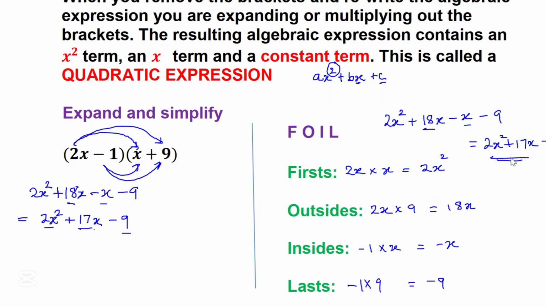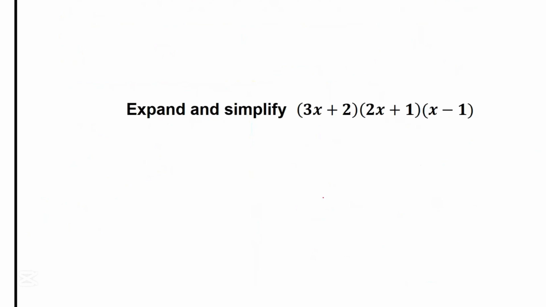Our next example is to expand and simplify. This time around, there are 3 brackets. Now, 3x plus 2 times 2x plus 1 times x minus 1.